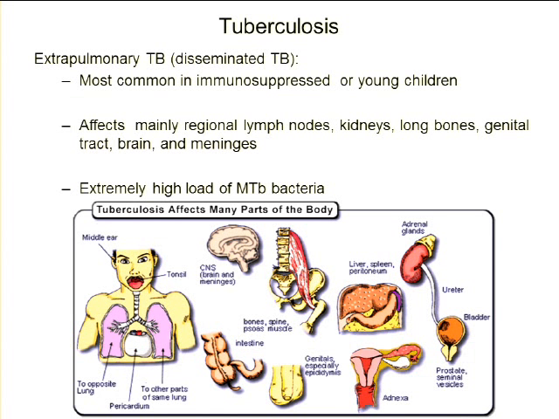TB in the brain can cause anything from retardation. If it's in a younger person, it's going to cause mental retardation, blindness, deafness, and if it's untreated, it will eventually be fatal. So you can see that a lot of different things can happen if TB is allowed to disseminate from the lungs into the other parts of the body.